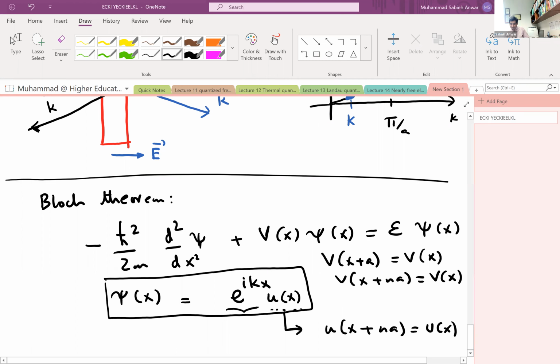Now, this looks like something very obvious, but this has deep implications. This will help us introduce bands. This will help us get a better physical picture of the concept of the reciprocal lattice. This will introduce us to Brillouin zones.